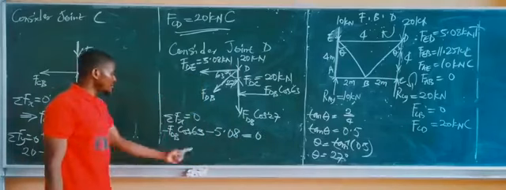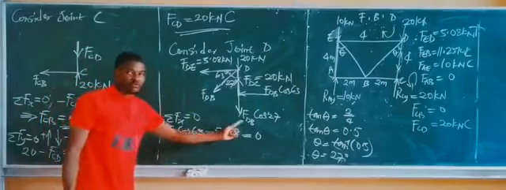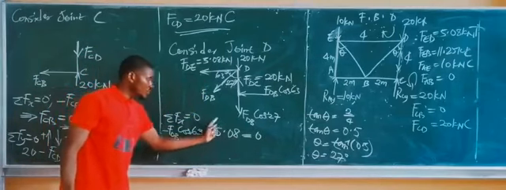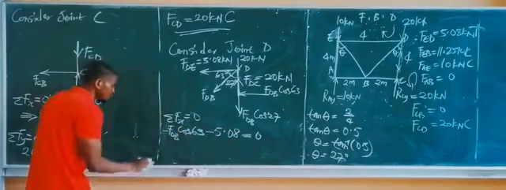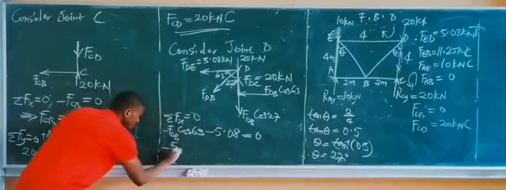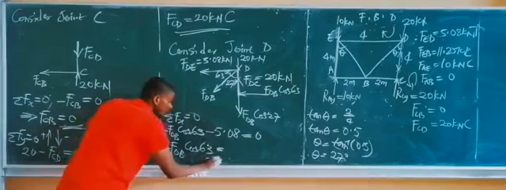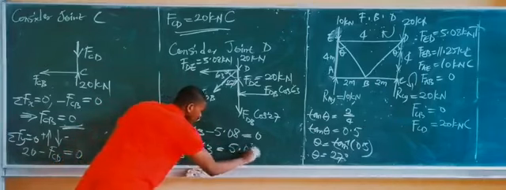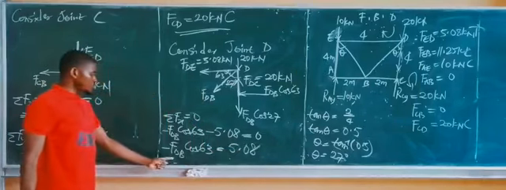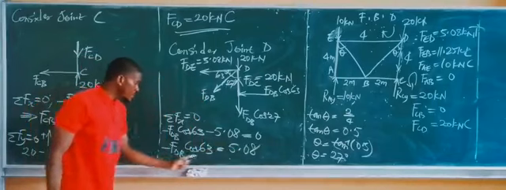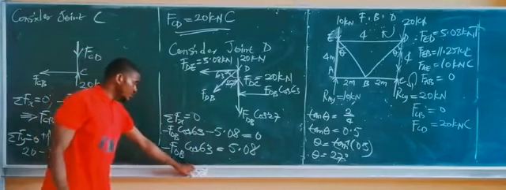So I can now send minus 5.08 over to this side of the equation. Negative sign and equal sign become positive. I will simply have minus FDB cos 63 is now equal to 5.08. To make FDB the subject, simply divide both sides by minus cos 63.